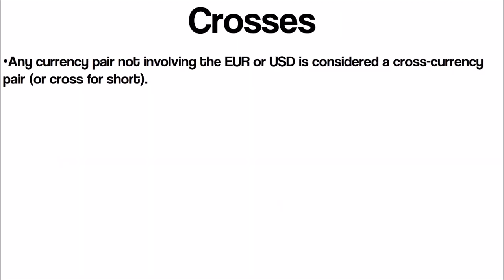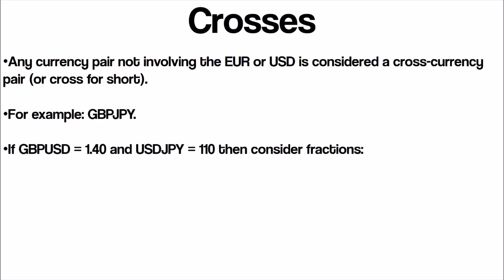So let's quickly talk about crosses. If you have a currency pair which doesn't contain euros or dollars, it's generally considered a cross. So for example, sterling yen, that's a cross. If you know the exchange rate of sterling dollar and dollar yen, then you can work out what sterling yen should be.